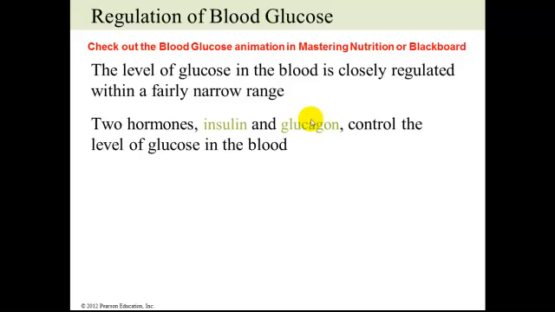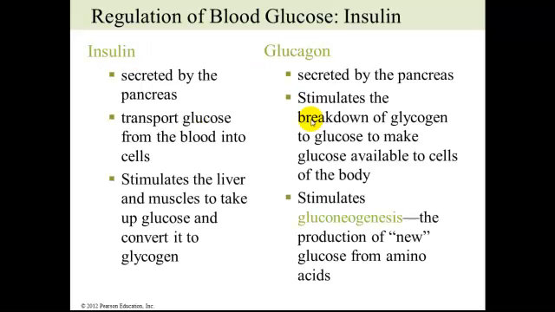So the two big hormones we're going to talk about here are insulin and glucagon. Insulin and glucagon kind of work in opposition to one another. They are both secreted by the pancreas. Insulin, however, functions to transport glucose from the blood into the cells. So what it actually does is it has an effect on the cells.